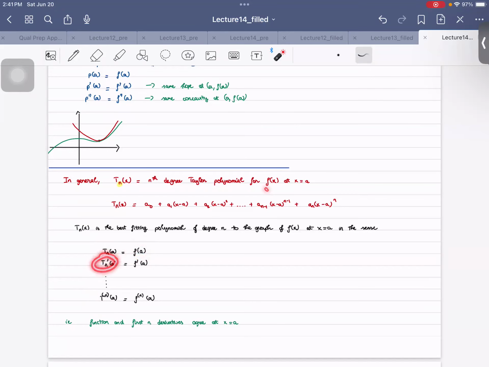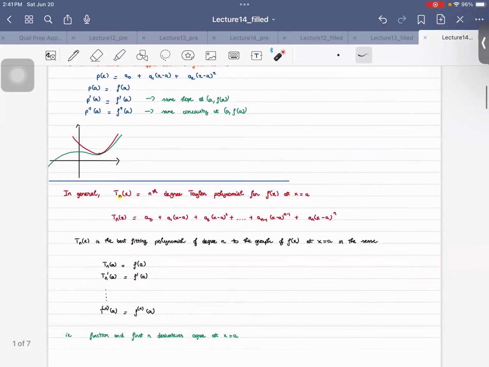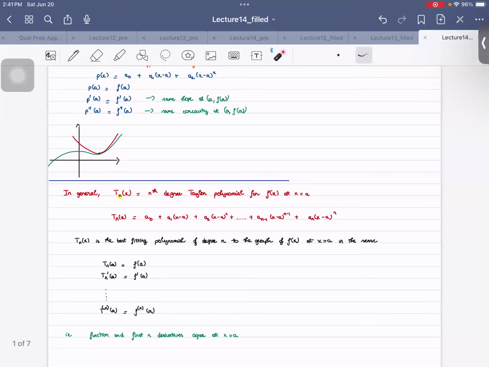The first derivative is equal to the first derivative of your original function. The concavity of your polynomial will be the same as the concavity of your original function, and so on. The function and its derivatives will agree at x equal to a. So it will carry a lot of information, in terms of output and in terms of derivatives of your original function at the point a.